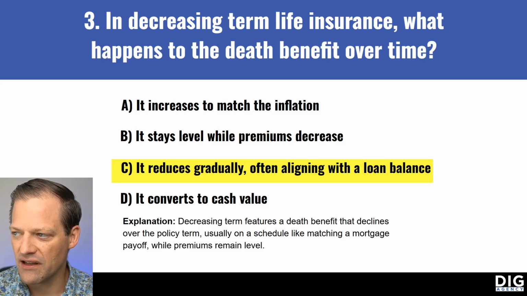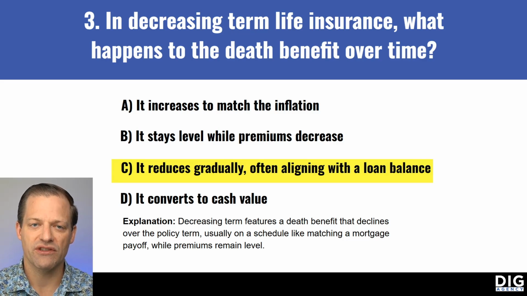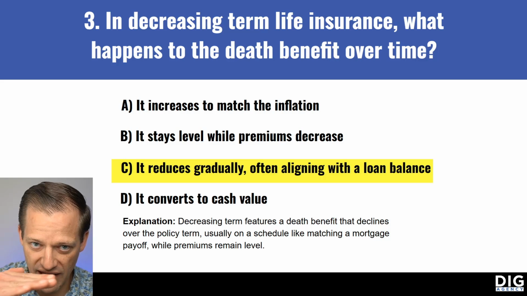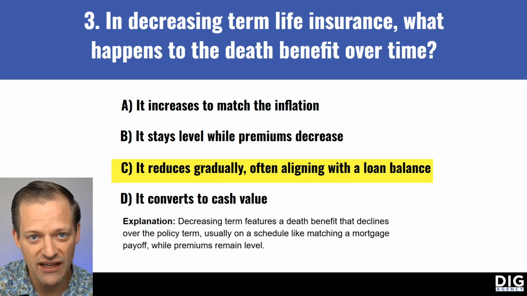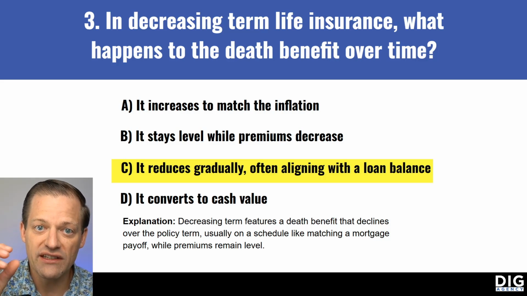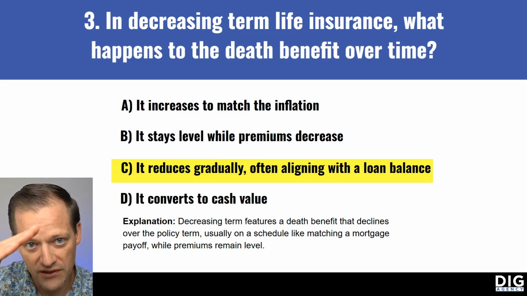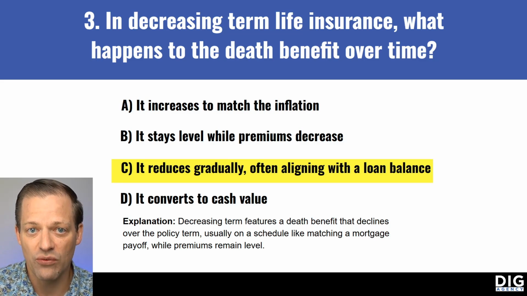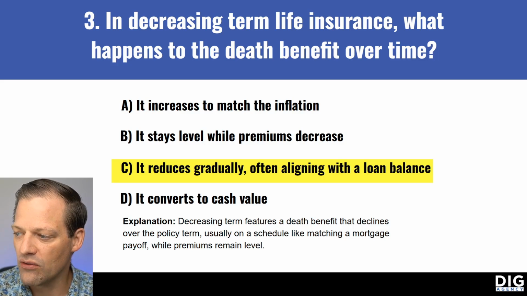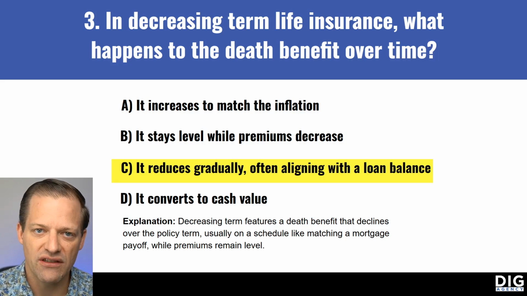And the reason is that, just like the opposite of what we just talked about, level term insurance, at level death benefit, well, now that word is decreasing. So it still refers to death benefit, but it's going down over time, right? It's decreasing the amount of coverage. So in this case, it reduces gradually, typically like with a mortgage or something like that.